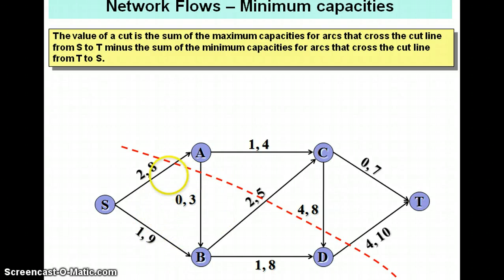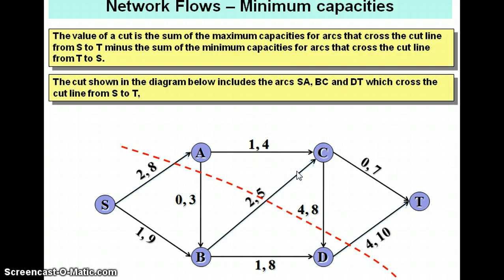But we also have to consider that although we can have naught going through AB from sink to source, from CD we have to have 4. So we have to subtract that 4 because we can't assume 0. So this is how it works then.